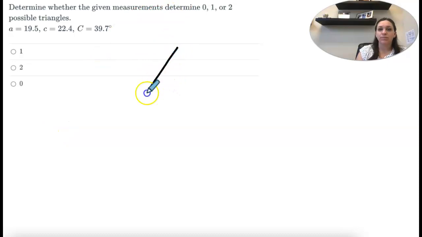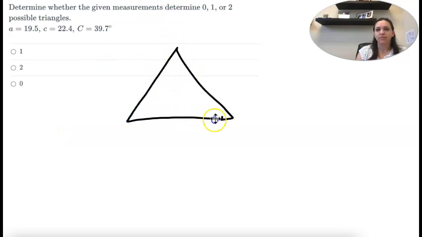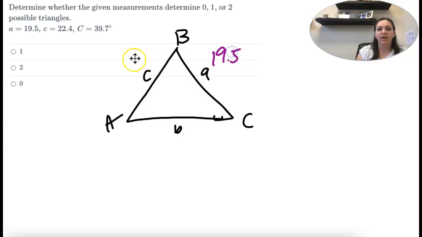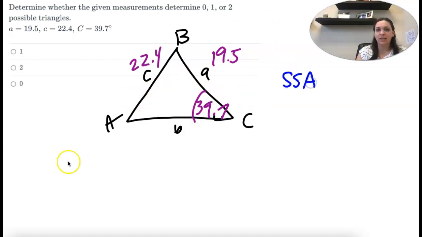So we have one more. Let's see what we got. ABC, ABC. A is 19.5, C is 22.4, 39.7. Hey, side angle! What do you know? Same setup as last time.